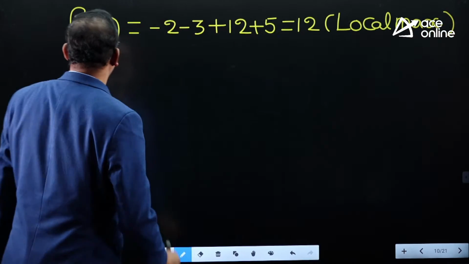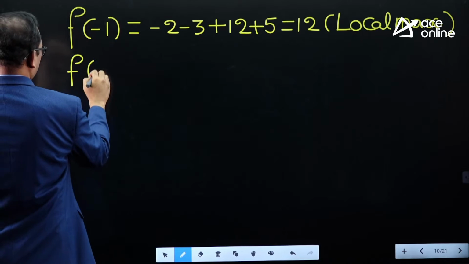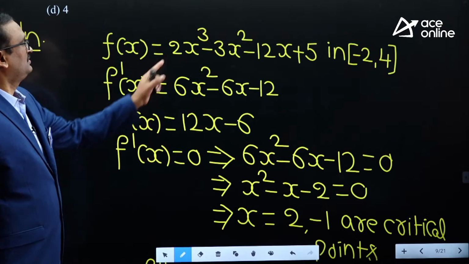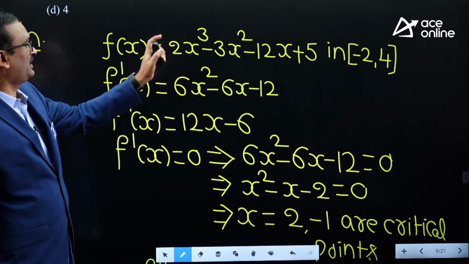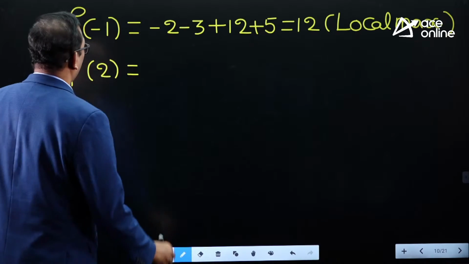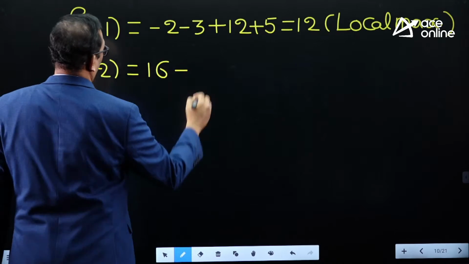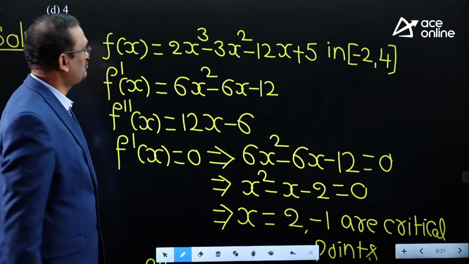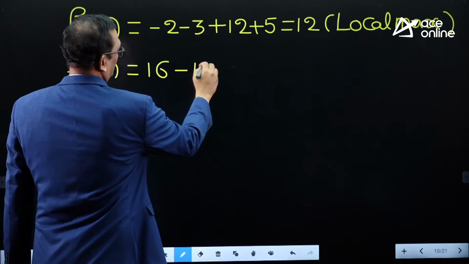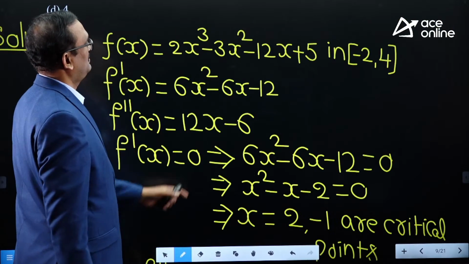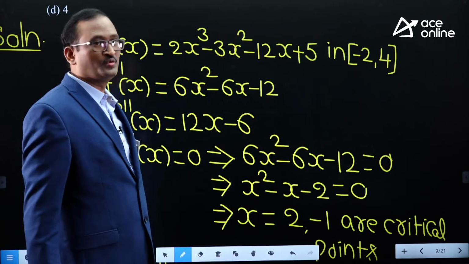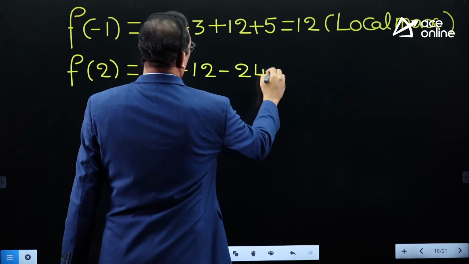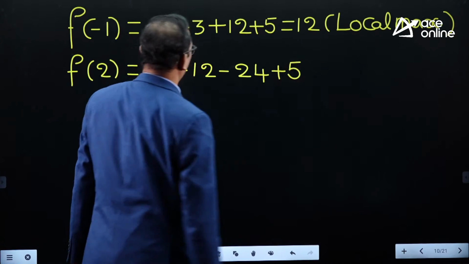Next, find out f of x at x equal to 2 as well. 2 cube is 8, 8 into 2 is 16. Next, 3 into 2 square is 12, minus 12, minus 12 into 2, minus 24, plus 5.